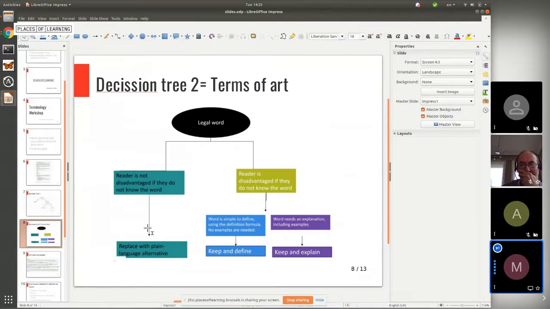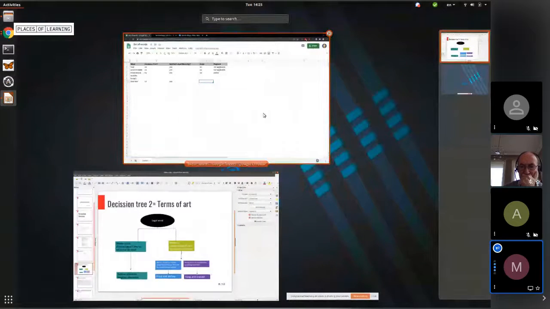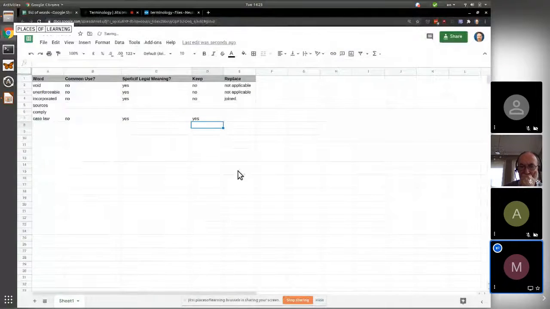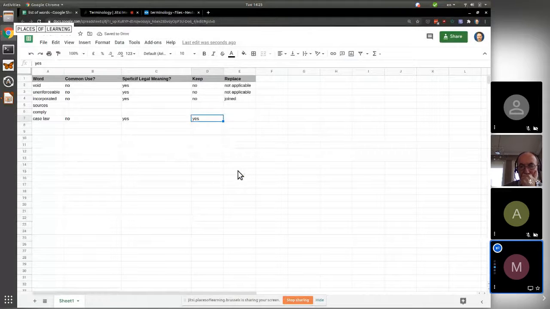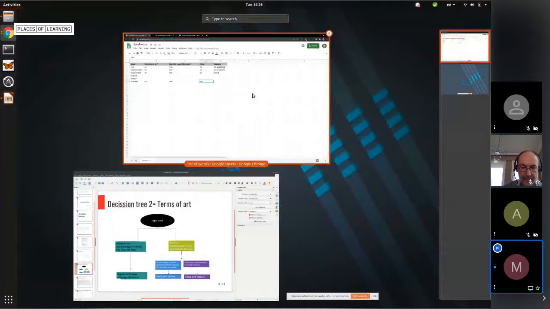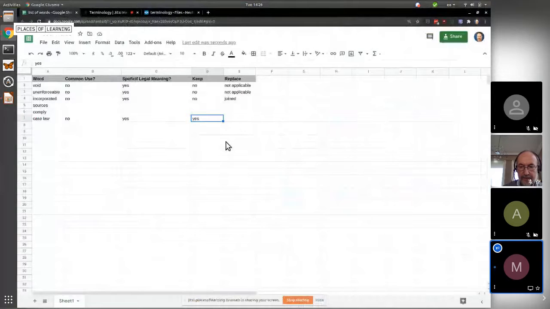If we say yes, the reader is disadvantaged, that means we need to keep it. So we keep the word because it's a word that influences the power relationship between the parties. So we keep the word, but we need to explain it and/or find a definition.